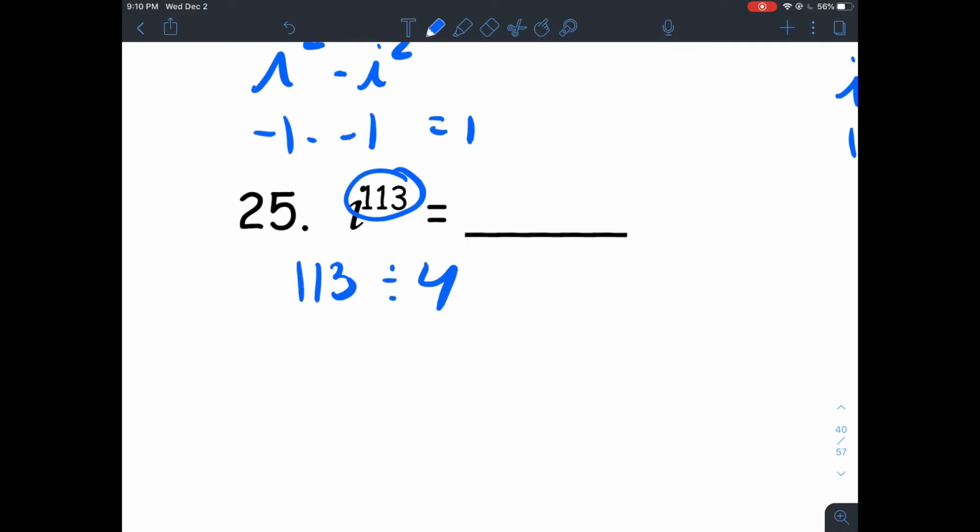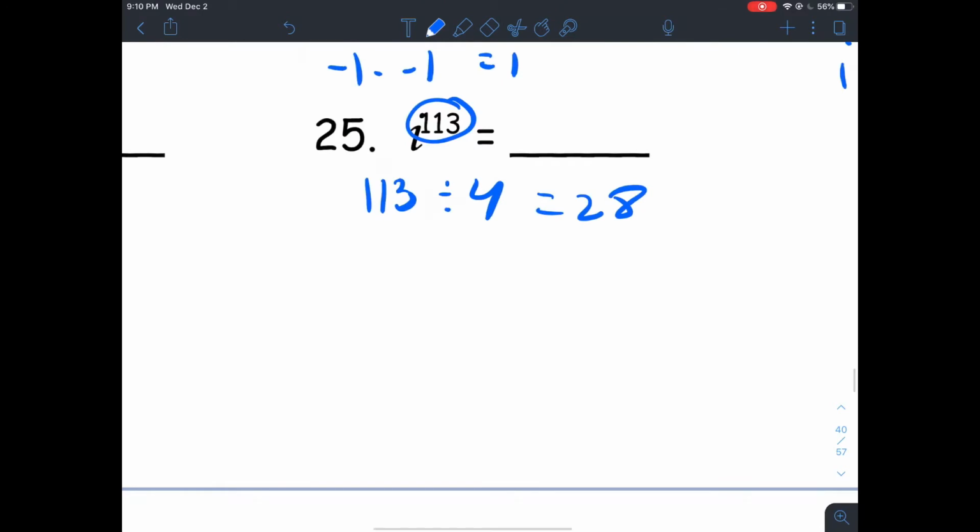So if we do 113 divided by 4, that gives us 28. So the 4 is going to go into there 28 times, right? So we'd have i to the 4th 28 times. Then we have a decimal, 28.25. Well, 4 times 28 gives us 112. So how many more do we need to get to 113? We just need one i.